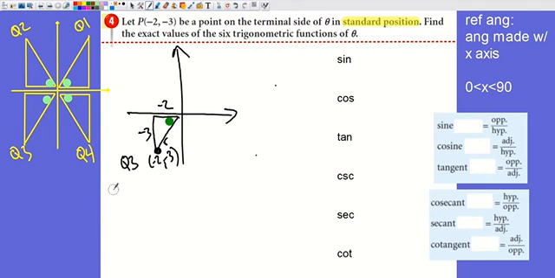A squared plus b squared equals c squared. Instead of a, I'm just going to call this x. I'm going to call b y, and I'm going to call c r.